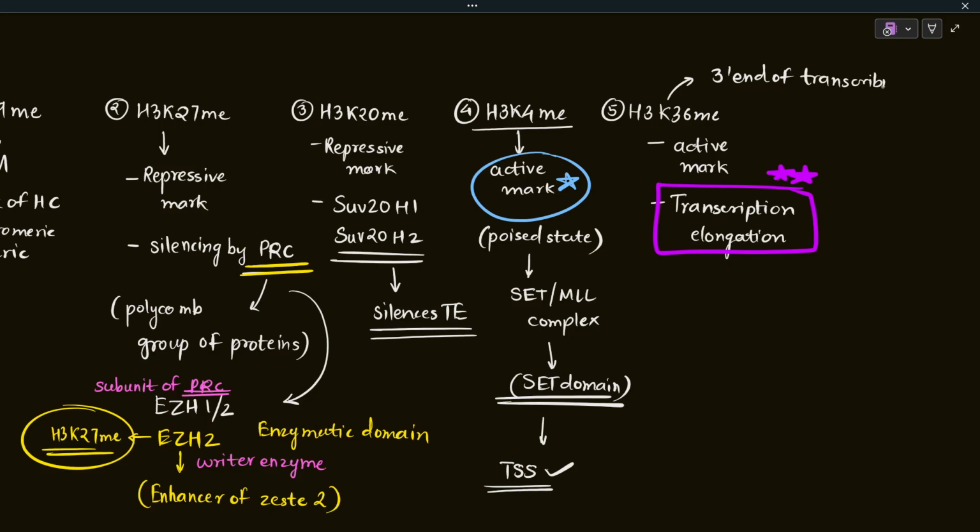Why? Because transcription goes from 5' to 3'. So if you want to elongate the transcription, it should be done at the 3' end of the transcribing genes. I use this short form for transcription.